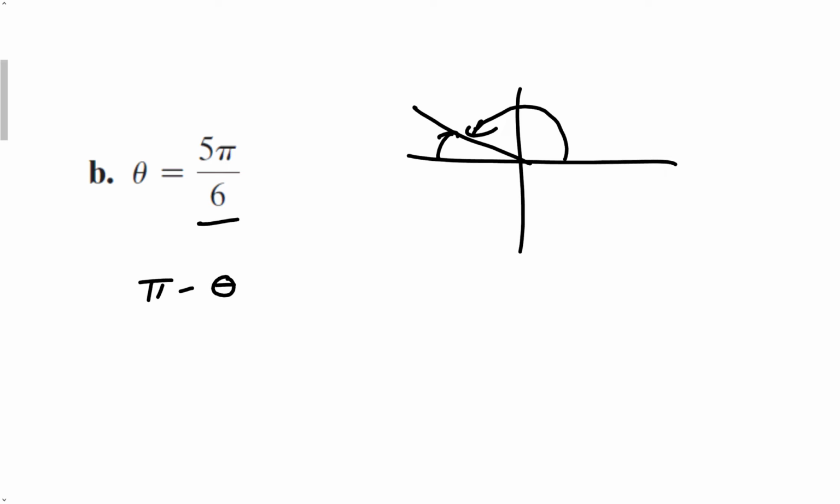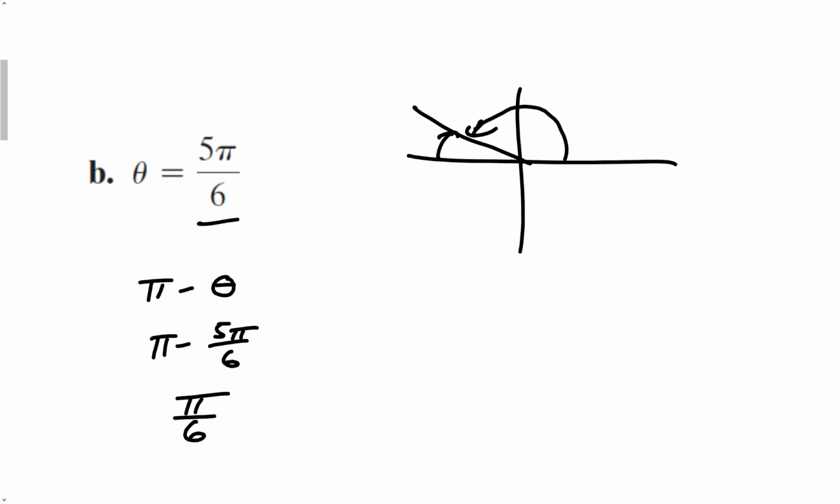Right? The formula said 180 degrees minus theta, and 180 degrees is pi, the same thing. If we're in radians, we're going to stay in radians. So I would do pi minus 5 pi over 6. And so my reference angle would be pi over 6. Okay? And we'll see what we're going to use this for in a few minutes.